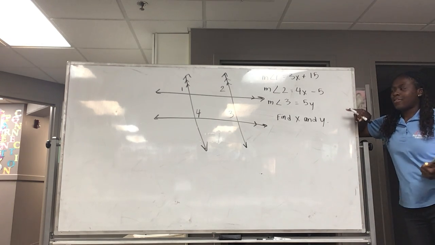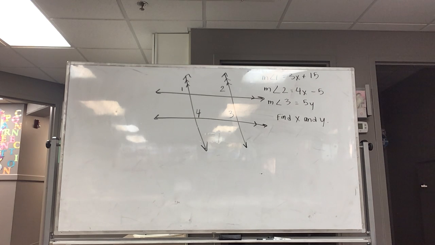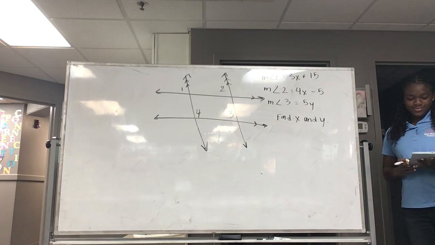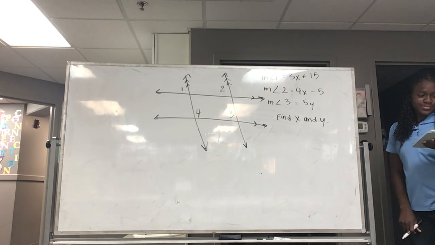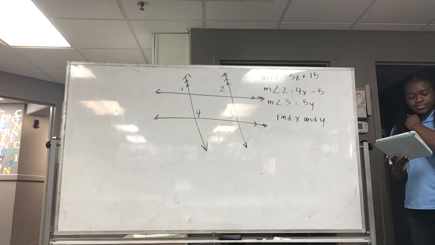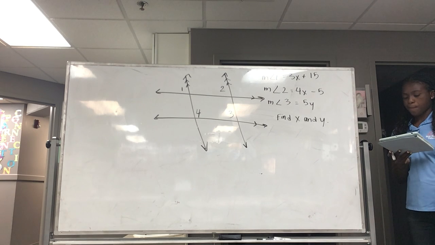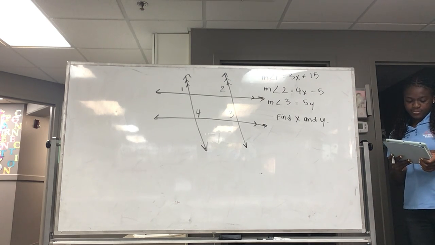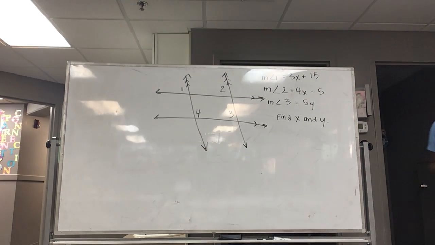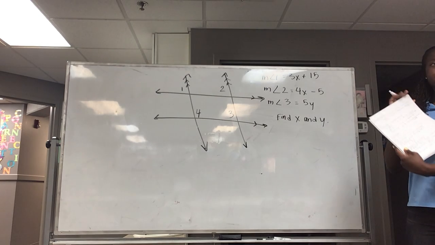And then the measurement of angle 3 is 5y. If you guys want to look in your math packets for help, the stuff about parallel lines is on page 2.